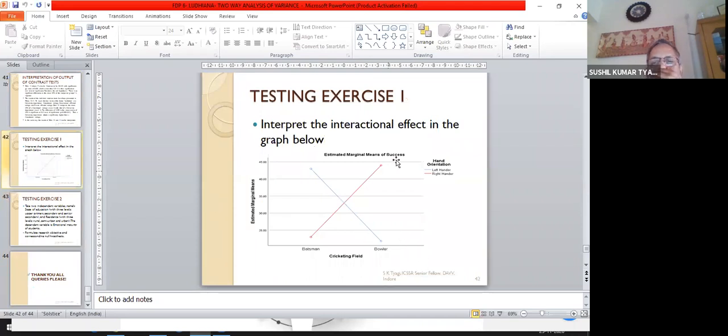This is one. Interpret the interactional effect in the graph below. You have to write it. I have explained it. Hand orientation, this is the same graph.